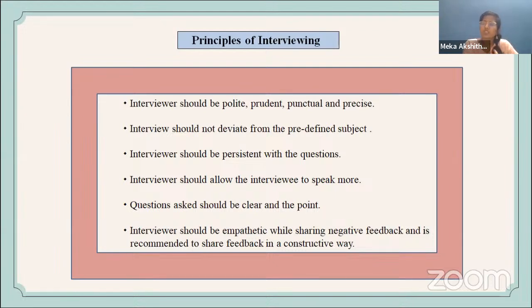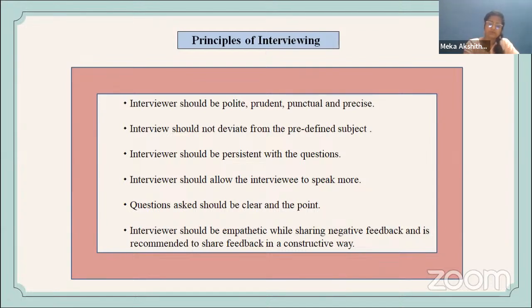You shouldn't be using this tone or framing of words, right? You should be giving the feedback in a constructive manner. The interviewer has to keep this in mind, so that they understand the perspective of that particular individual and then share the information. So these are some of the principles of interview.